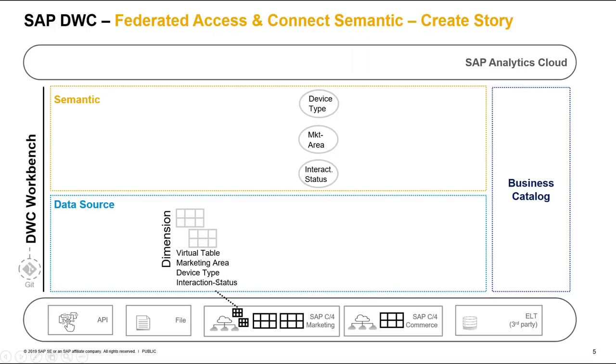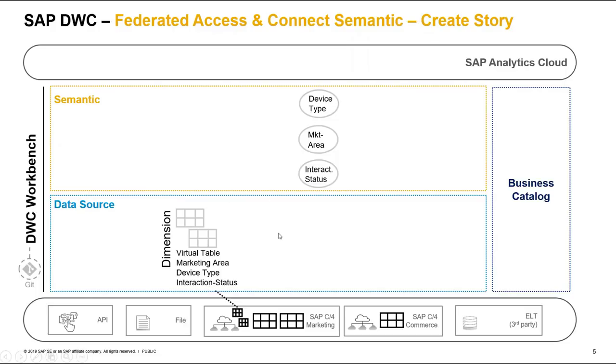So we're using Data Warehouse Cloud to reverse engineer the structures we have within the C4 marketing system. We're generating the virtual access to the C4 marketing data and structures. We created a virtual table within the data source environments and automatically also generated the virtual semantic objects connected to the data sources. So we're done with the dimension.